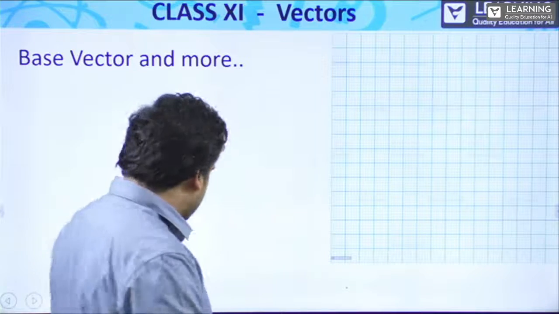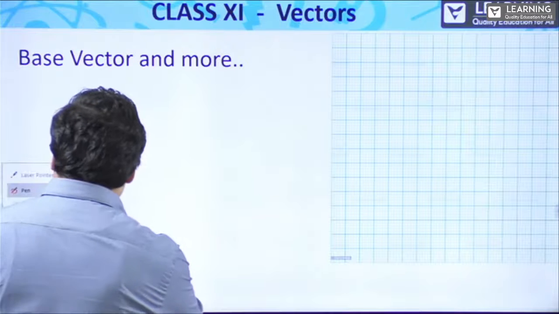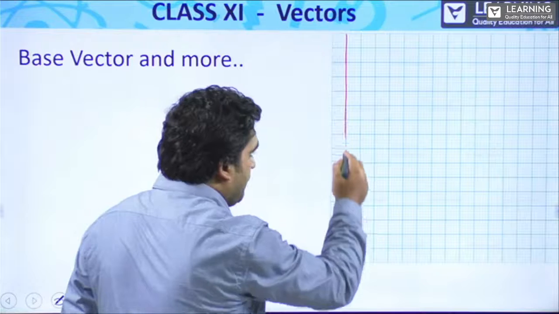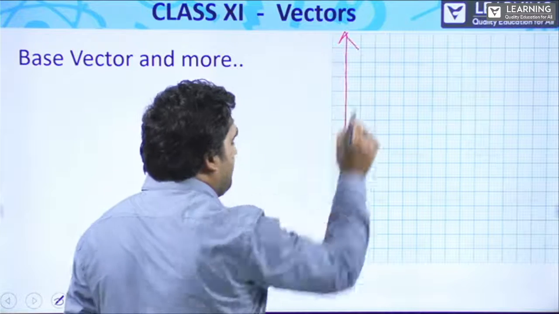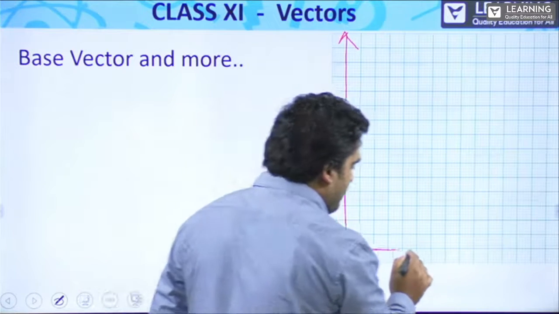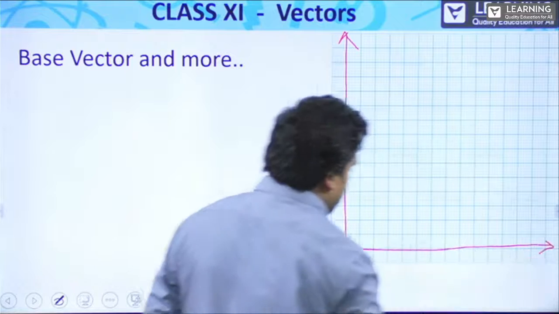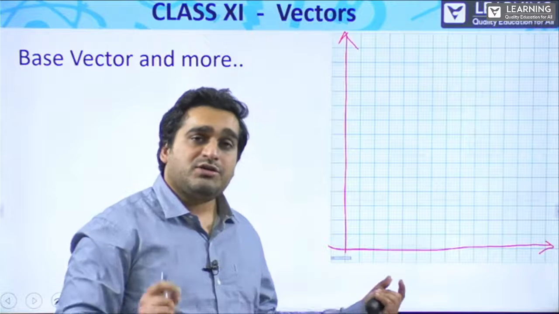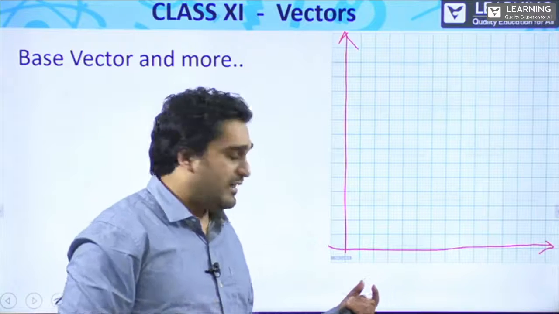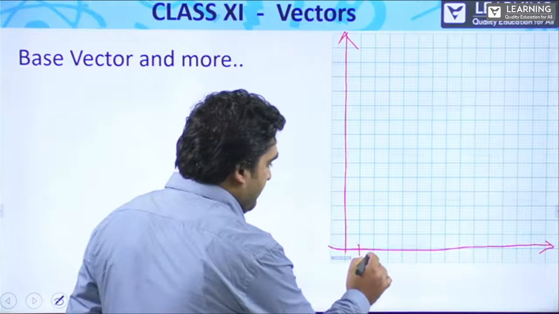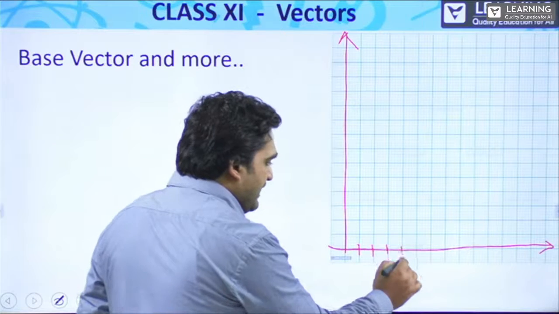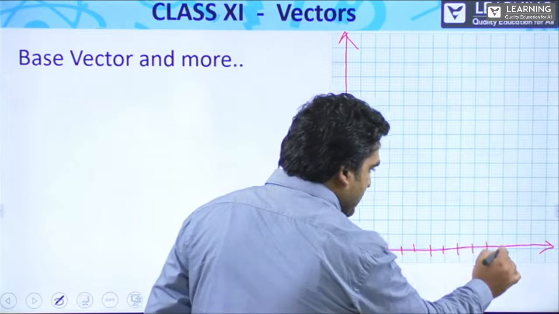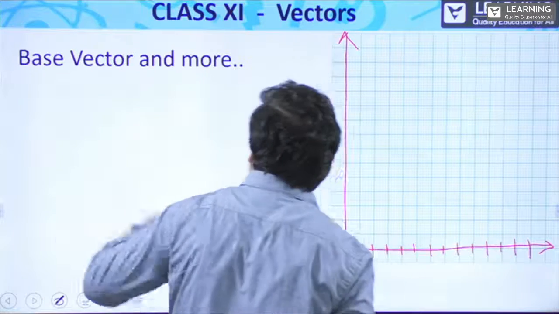So let's take an example in this case where you have your y-axis that is defined, and then you have your x-axis. All right. Now, the smallest unit that I can define in this case, starting from here. So each unit is based on a base vector.